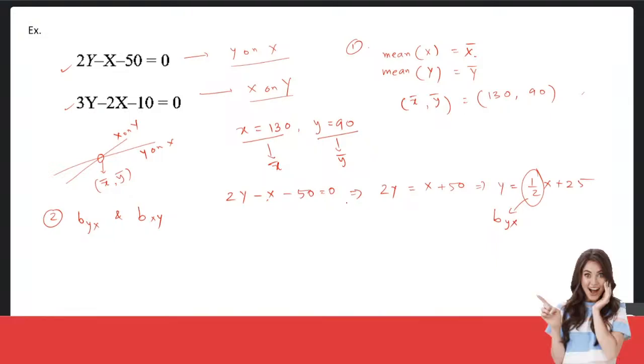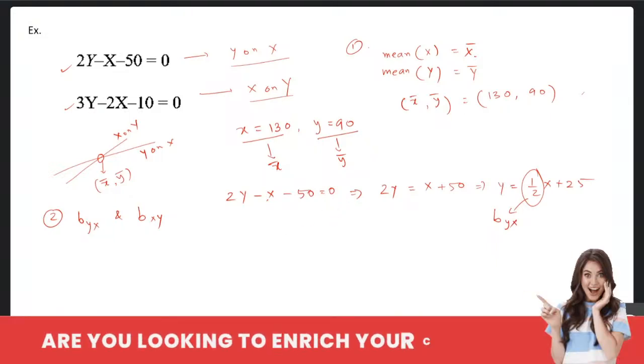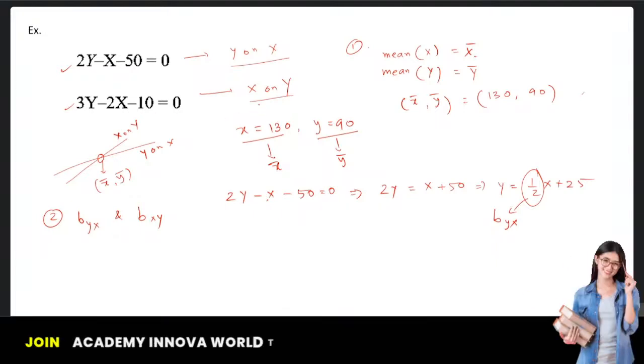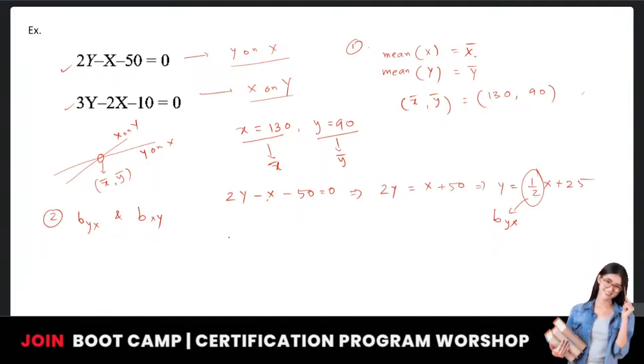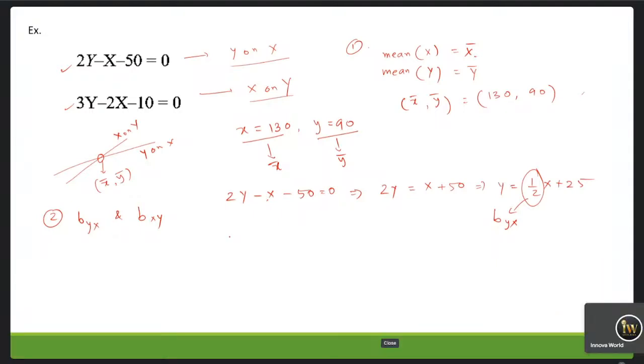byx. In a similar manner, since the second equation represents x on y, we will form an equation like x equal to m into y plus c. That is, x will be on the left hand side. Let me write down the equation first: 3y minus 2x minus 10 equal to 0.